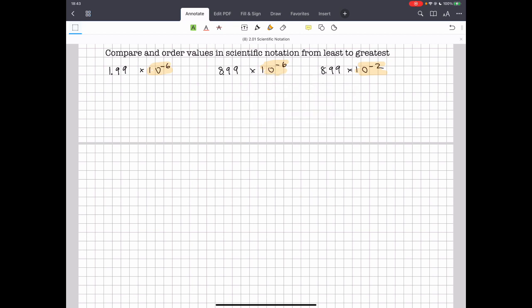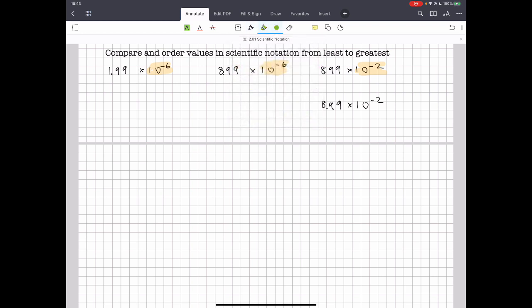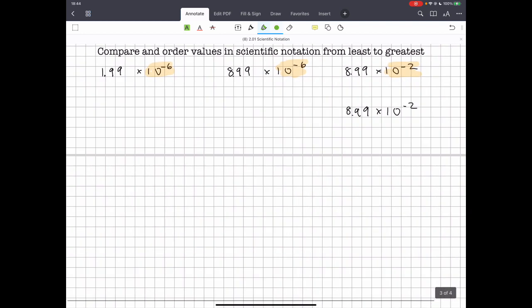So in terms of the largest, right away, we know that 8.99 times 10 to the negative second power is the largest. That means we now have to decide between 1.99 and 8.99 times 10 to the negative 6. Because the powers of 10 are the same, we can just use the coefficients.